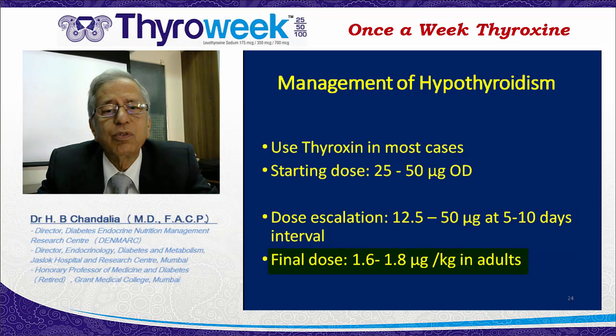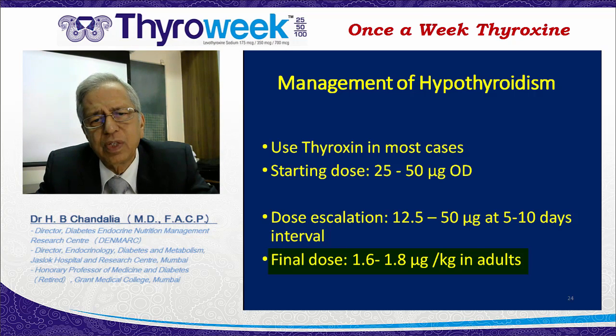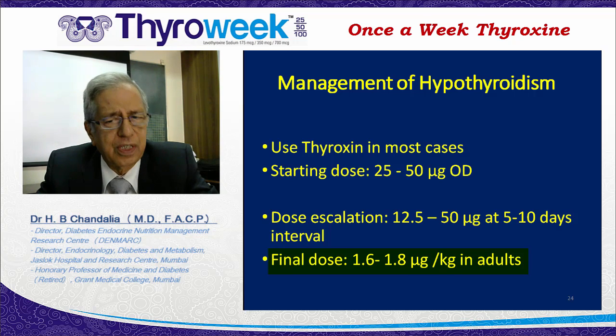The final doses that are arrived at in the last series of patients described in the literature is usually about 1.6 to 1.8 microgram per kg in adults.